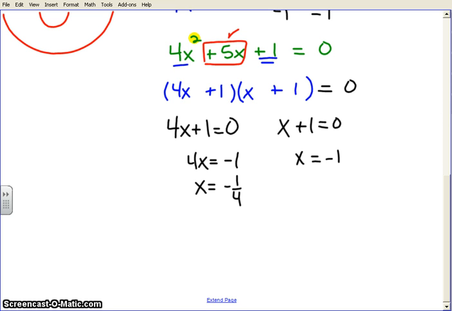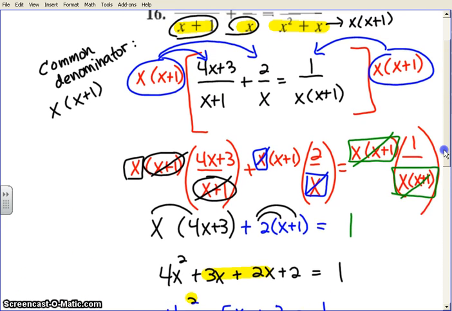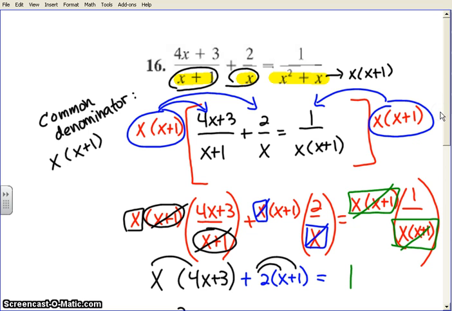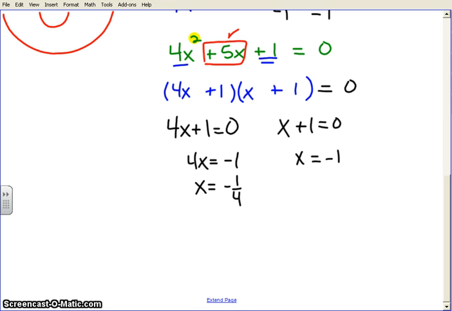Now, this is the really, really important part. We're going to need to check our answer to see if it works in a rational equation. Okay, let's go back to the beginning. x plus 1. If x is negative 1, then this denominator will turn to 0. So the solution that we got for x equals negative 1 is going to cause 0 in the denominator, so that's not going to be a solution.